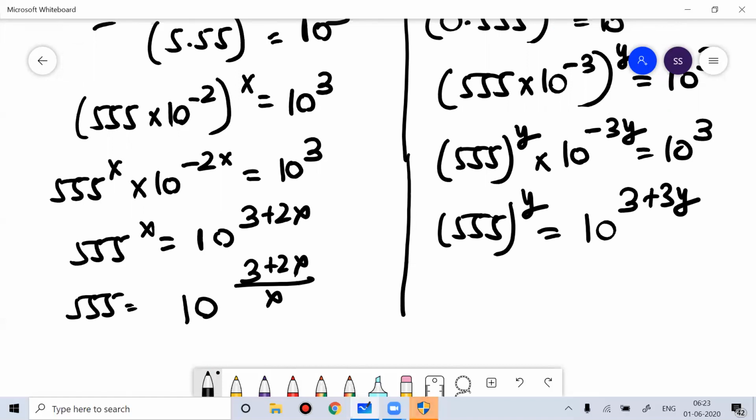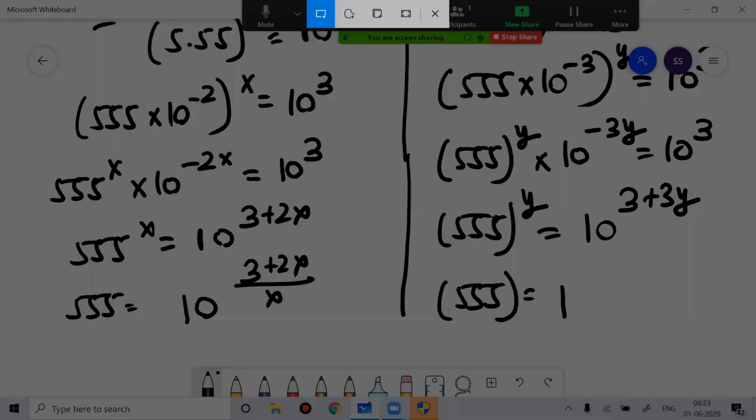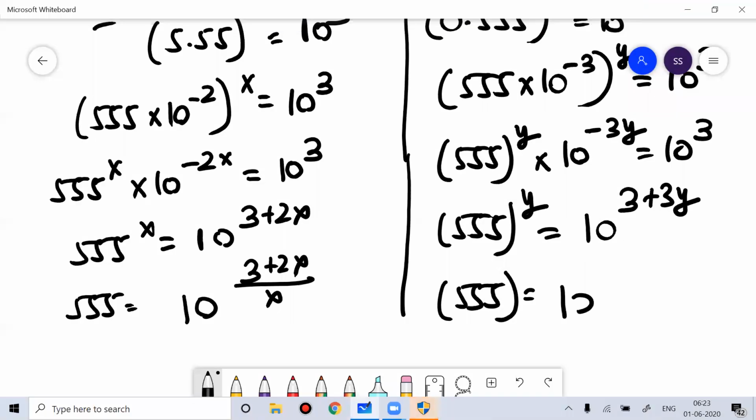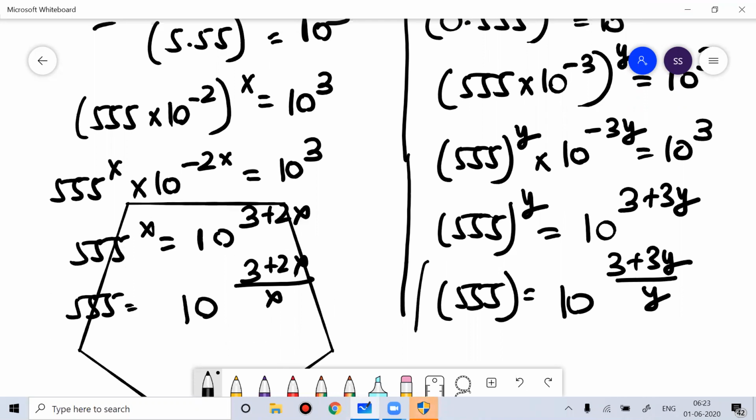Okay, so these basic properties and all, I believe you can easily understand. So I'm jumping one or two steps in between. I don't think you have any difficulty on that. Then this would be 10 to the power 3 plus 3y by y.